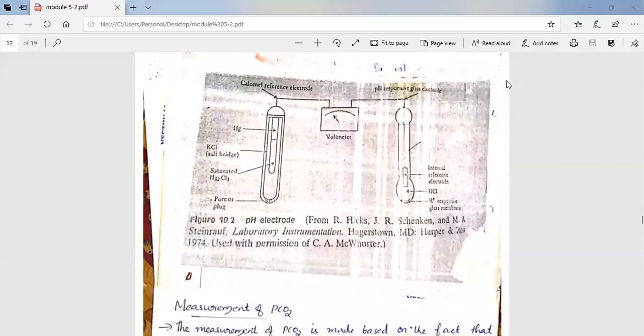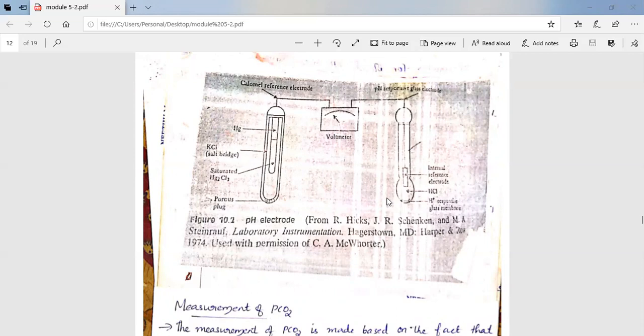This is the pH electrode, and this is a setup for measuring pH. For this, take the solution in a beaker. A pair of electrodes, that is one glass or indicating electrode, and the other a reference electrode or calomel electrode, is immersed in the solution.